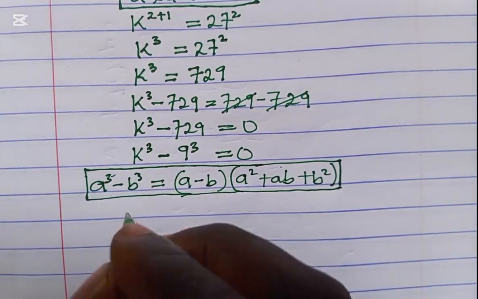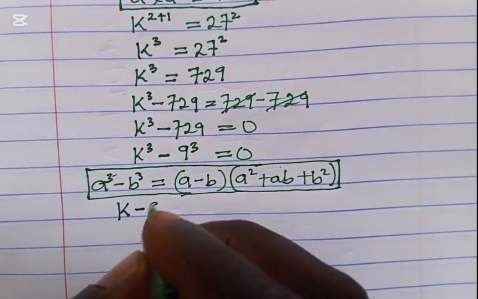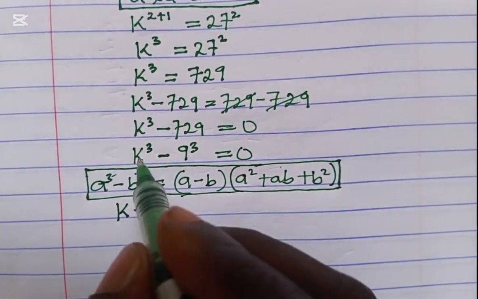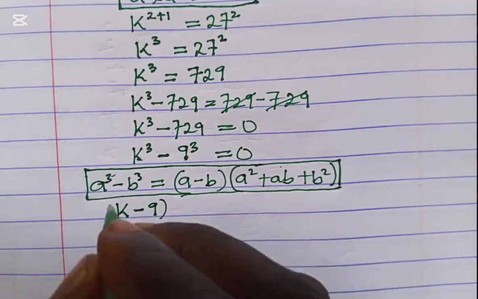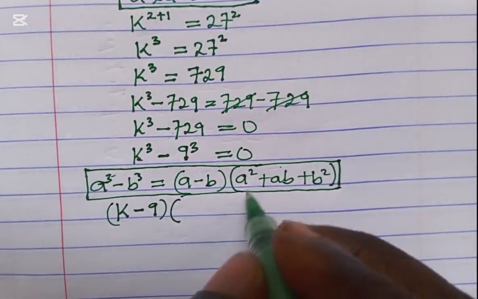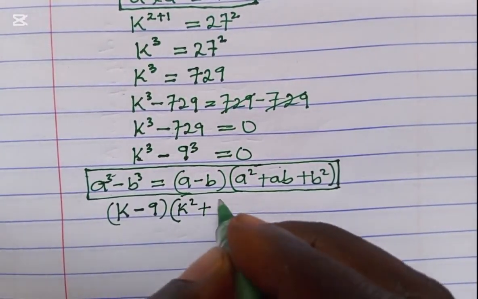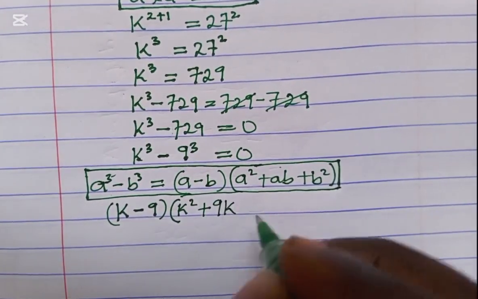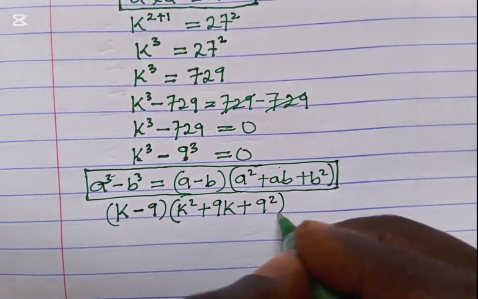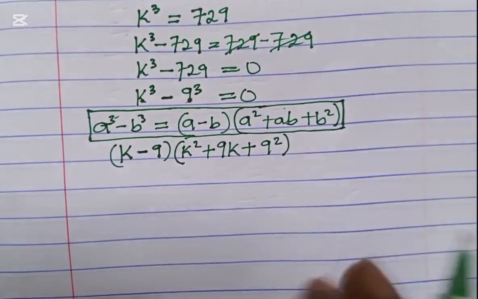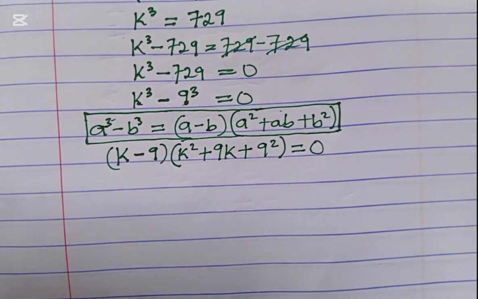So we are going to have k minus 9. So our a here is k, our b is 9. So k minus 9 into k squared plus 9k plus b, which is 9 squared. Then we close the bracket, which is equal to what? 0.